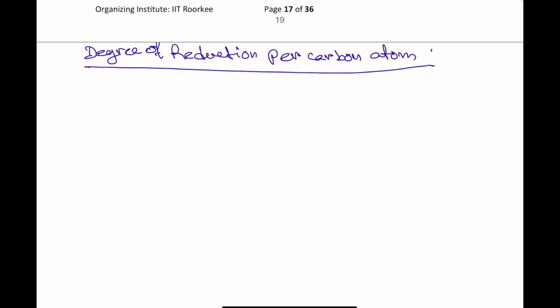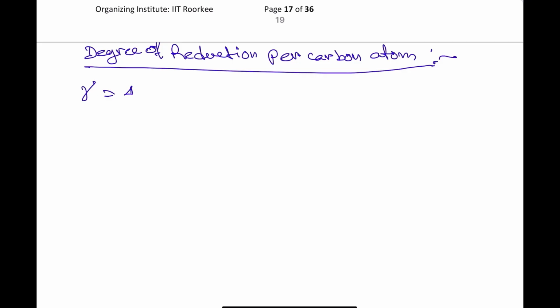Degree of reduction per carbon. Please note this formula in your copy.